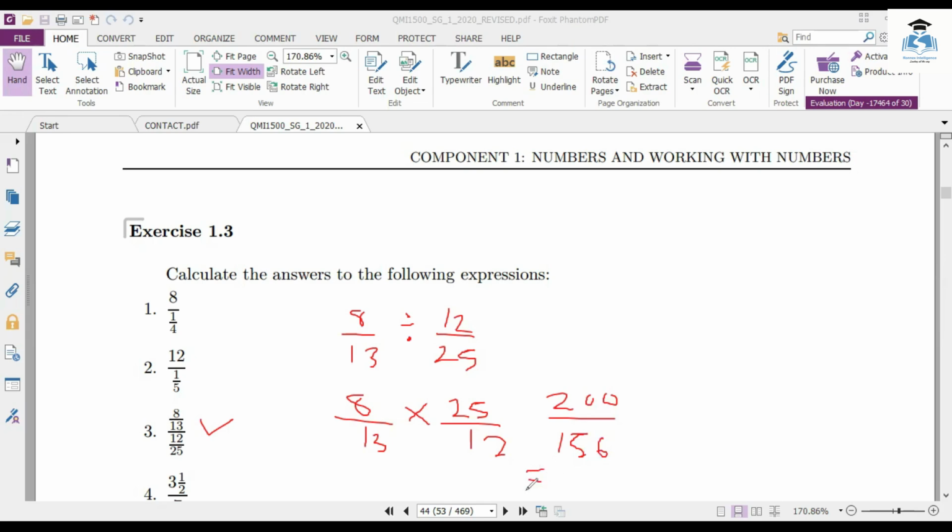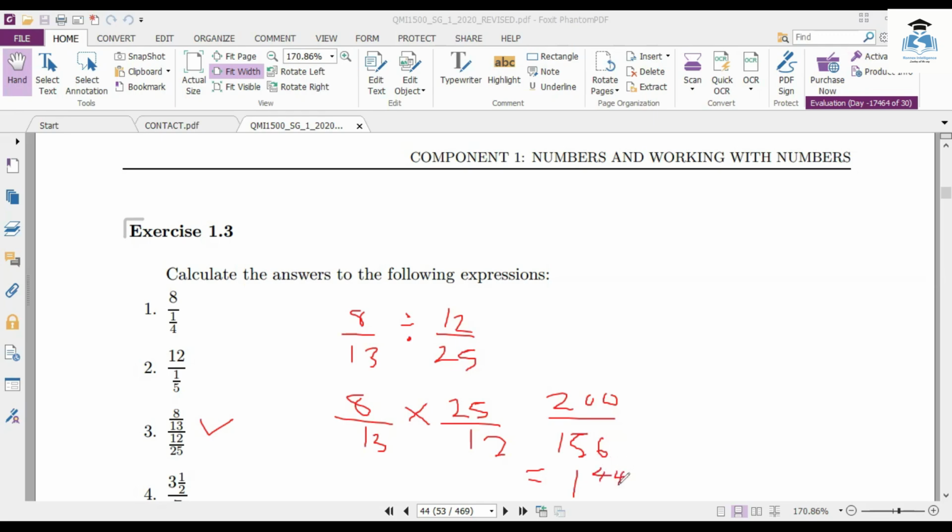Then now, the answer is going to be one whole number. 200 over 156.